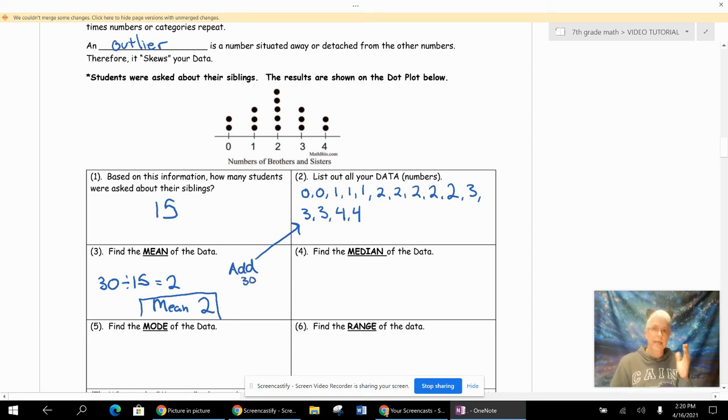Okay. The median is the number in the middle. Now the number in the middle also, it's easier if you list all the numbers out like I did and then do the tally marks. You can do it on the data, or you can also do it on the actual dot plot. So actually maybe let's do it on the dot plot. So let me show you how this works.